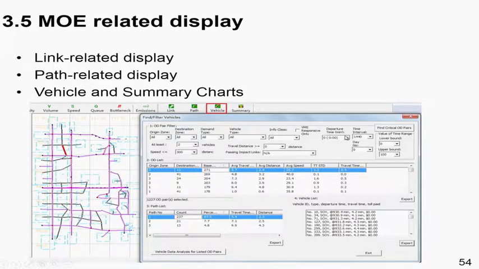One user just specified a 24-hour period, then looked at the different paths, and said your user equilibrium has not been reached because the different paths have different travel times. I have to respond that you have to be a little bit careful. You need to look at the specific departure time.